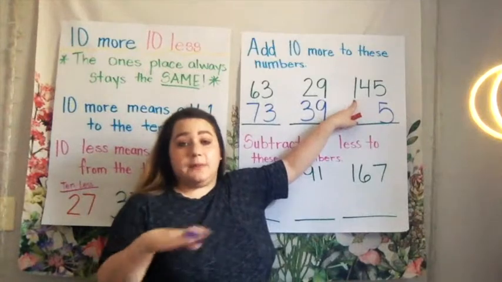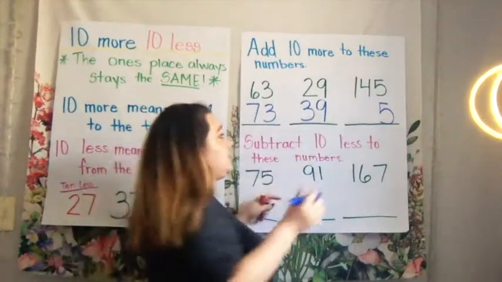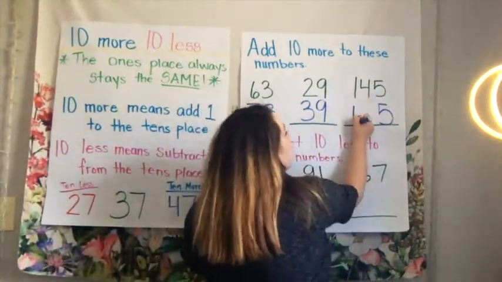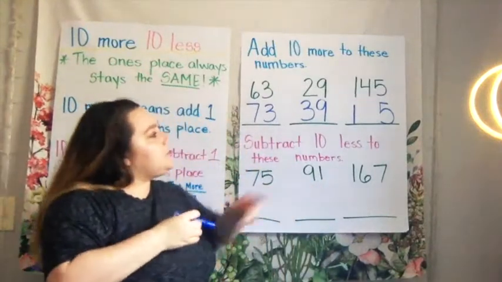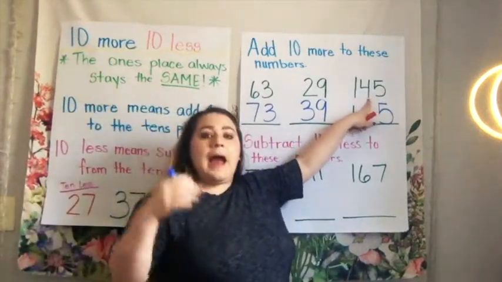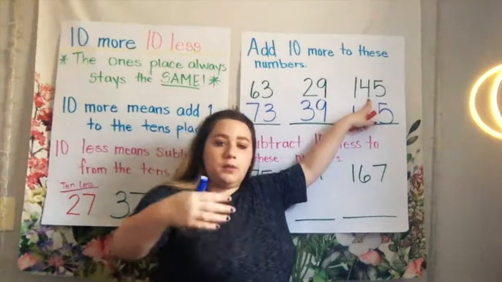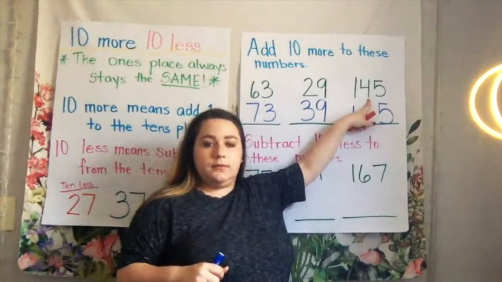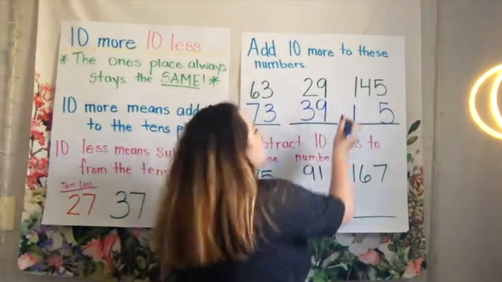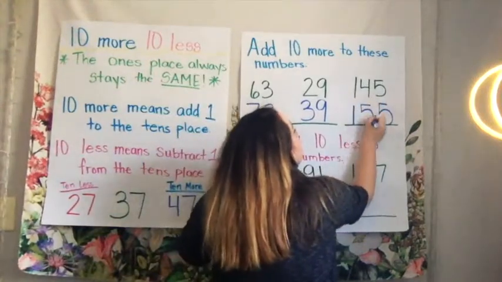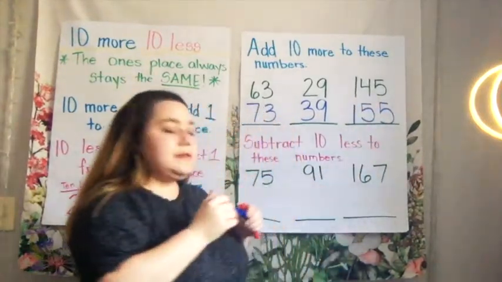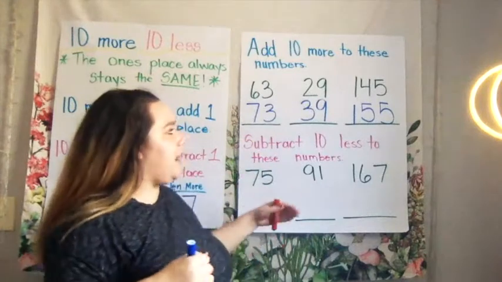It's staying the same too, because I'm still only working on my tens place. So now I look at the number 4. I need to add 1 more. What's 1 more than 4? 5. Good. So now I can write it down. 155 is 10 more than 145.